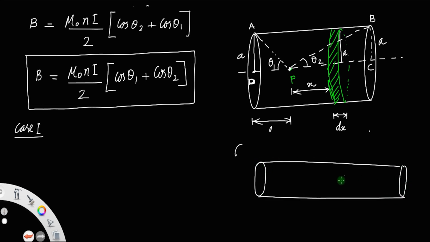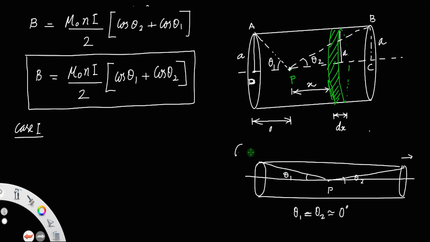When the solenoid is of infinite length and P is at the center, this angle is theta 1 and theta 2. We can take theta 1 approximately equal to theta 2 approximately equal to 0. This theta 1 and theta 2 will be 0 since it is of infinite length.